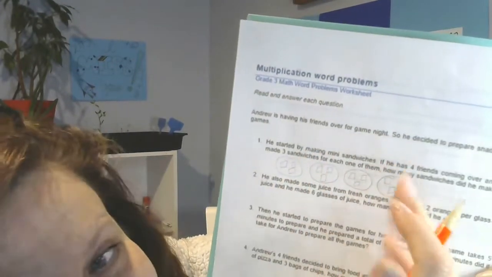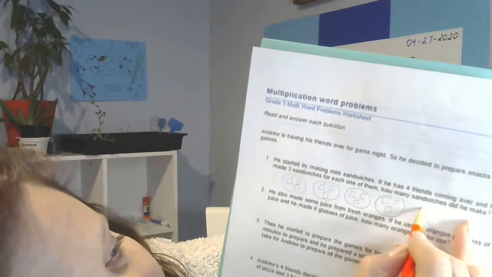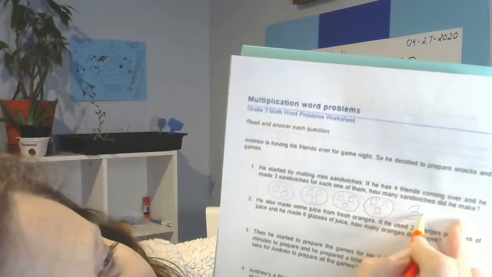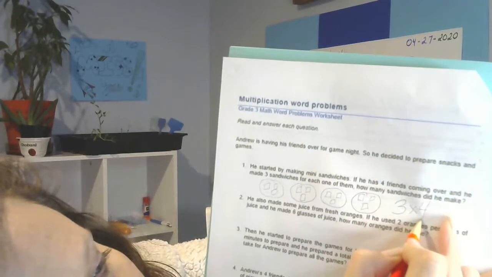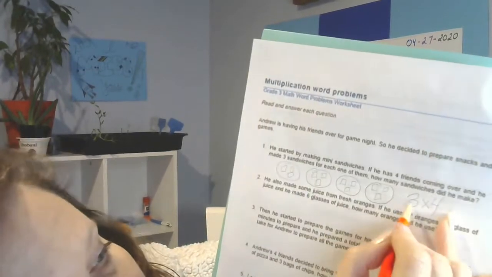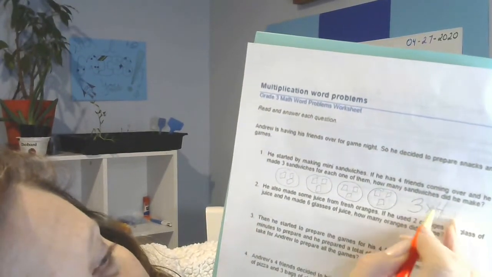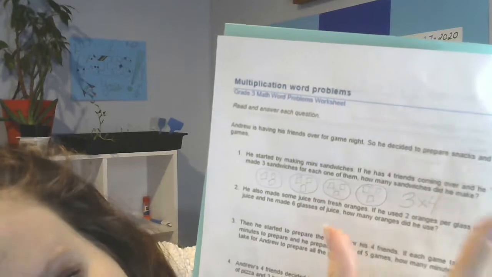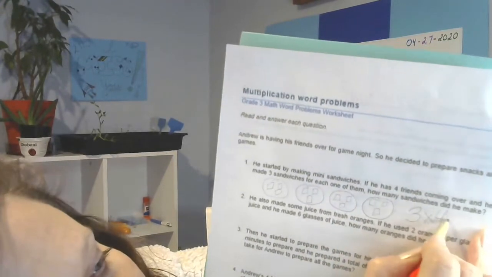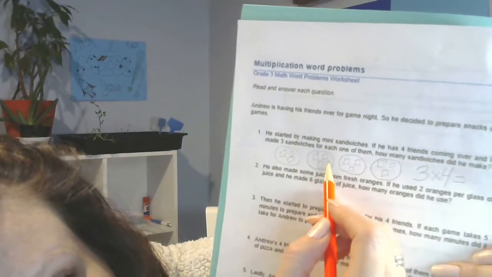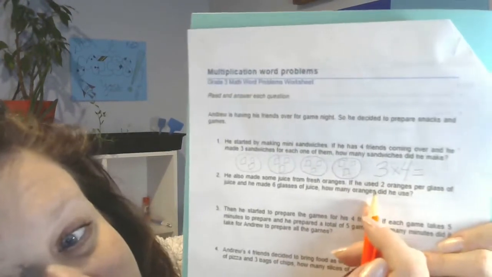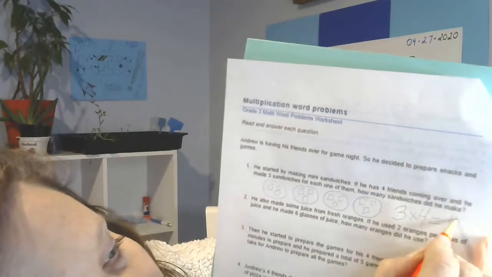I can see that what I have done is taken 3 sandwiches 4 times, and my number sentence would be 3 taken 4 times, or 4 times 3. We actually know it's kind of the same thing at this point, and equals, well, if you know your multiplication facts, 3 times 4 is, I hope you said 12.